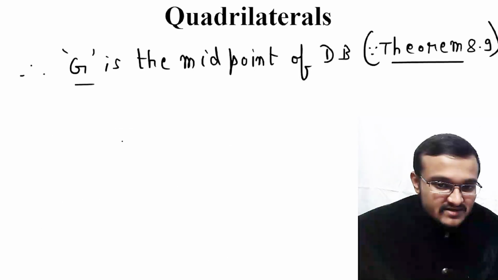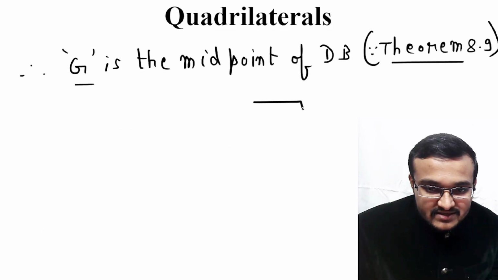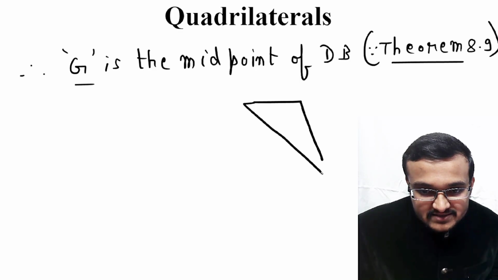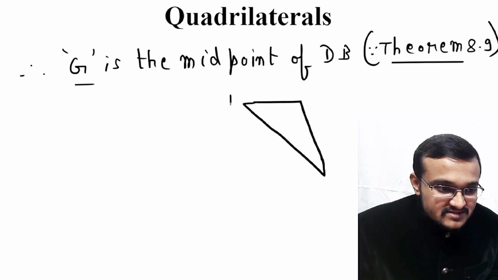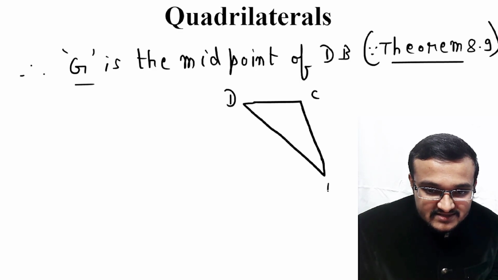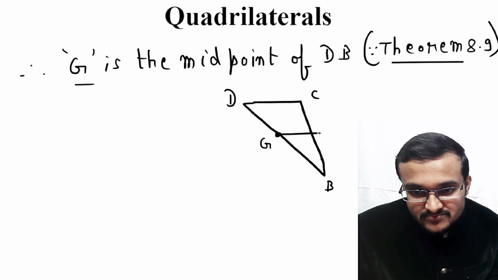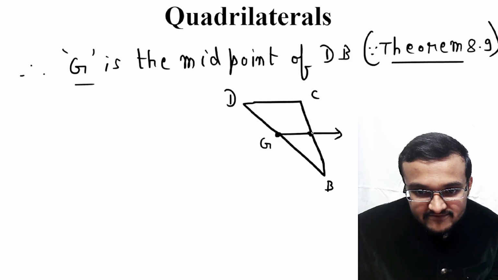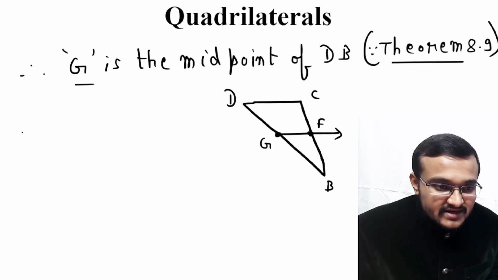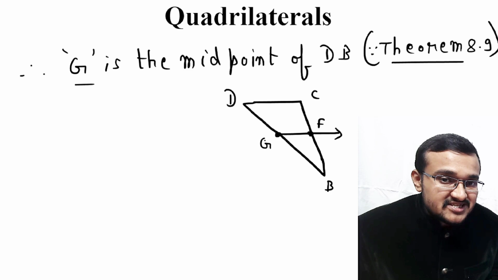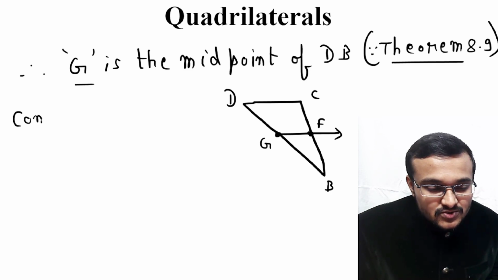Now we will consider triangle DBC. So we have a triangle like this, that is, this is D, this is C, and this is B. We have the point G over here, and the line is passing like this, and here we have F. Here we have already proved G is the midpoint.